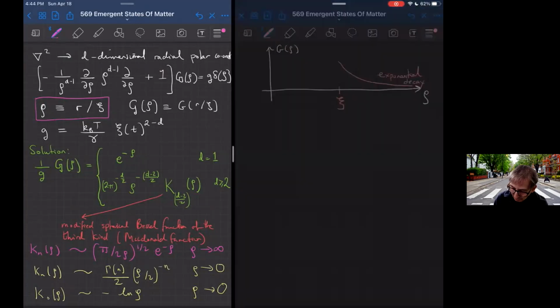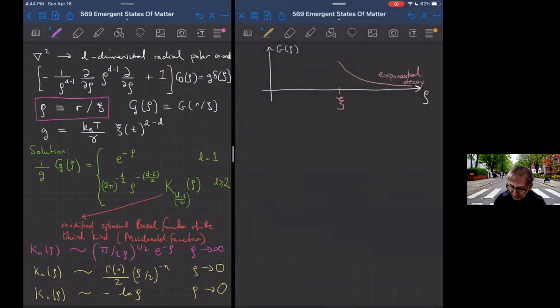And then for rho less than psi, this thing is decaying as a power law. And then the two things cross over at around the correlation length. It's not meant to be quite as sharp as what I've drawn over here.